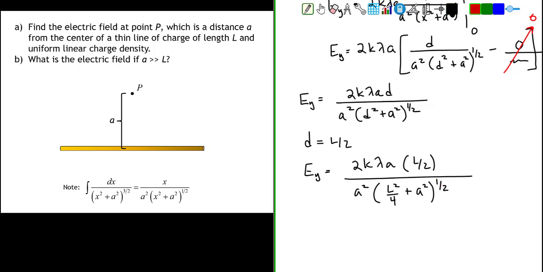We could simplify a little bit. An a in the numerator will get rid of one of the a's in the denominator. A 2 right here gets rid of a 2 right there. And what we have here is the electric field in the y direction is equal to k lambda L over a times the quantity L squared over 4 plus a squared to the 1/2.